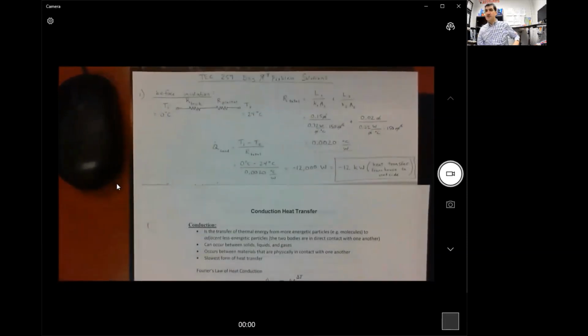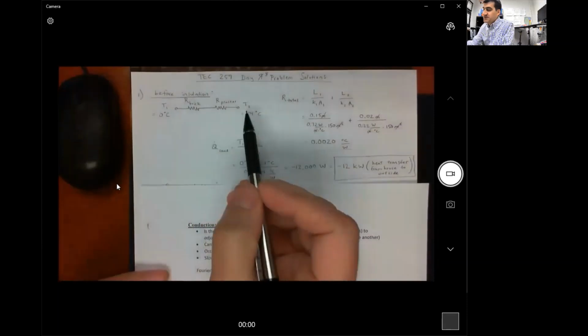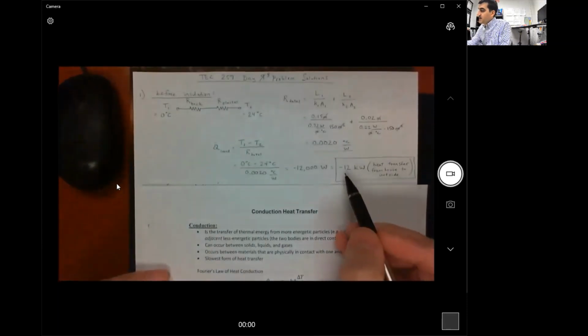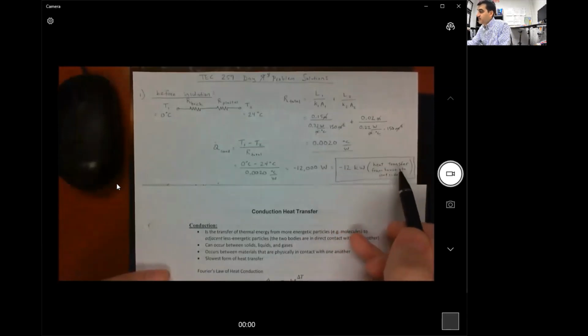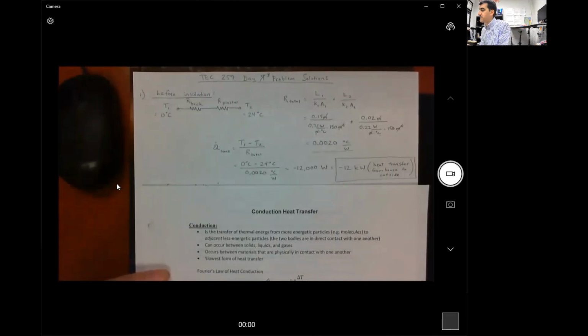But it doesn't really matter as long as you understand that this amount of heat, 12 kilowatts, is being transferred from the inside at higher temperature to the outside at lower temperature. As long as you understand that, it doesn't really matter which way we define our T1 and our T2, which one is which. All right, so we got negative 12 kilowatts of heat transfer, and that is heat transfer from the house to the outside.